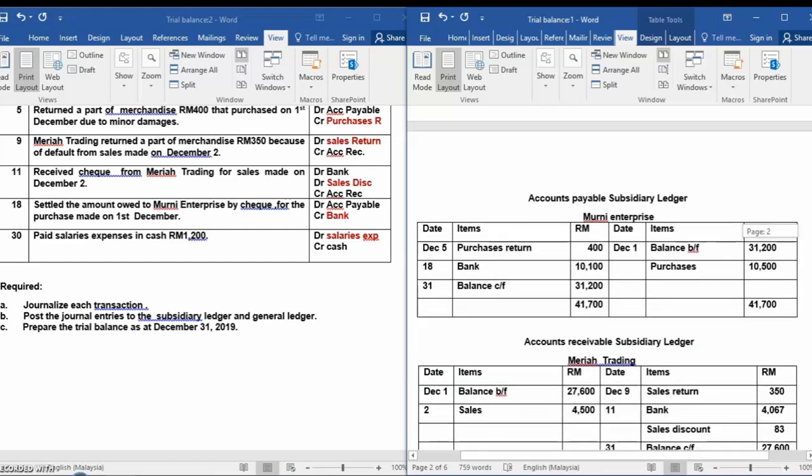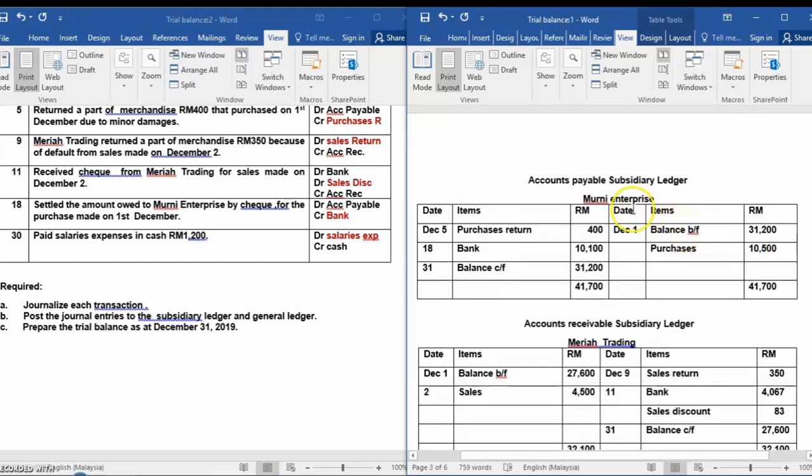So this one is the individual's account. Murni Enterprise, we look at the balance brought forward, the balance given in the question. So we look at the question.